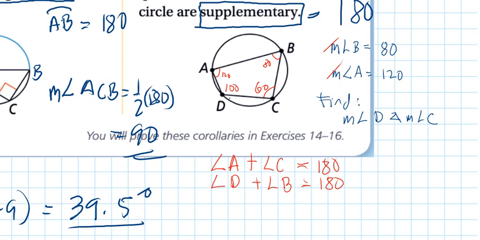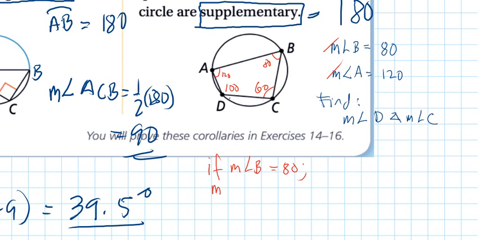If angle B is 80, what is the size of arc AC? Let me just write it down. Here's the question. If the measurement of angle B is equal to 80, what is the measurement of arc AC?